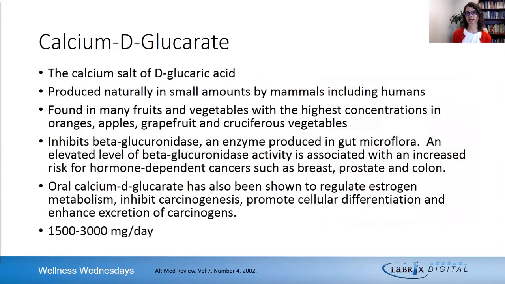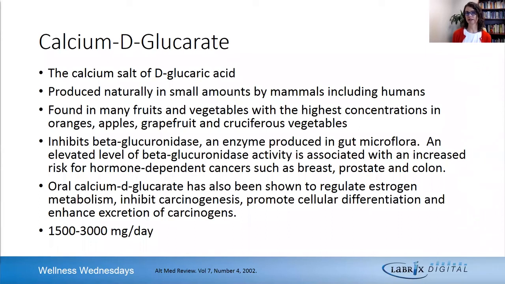Calcium glucarate is the calcium salt of D-glucaric acid. It's produced naturally in small amounts by mammals and humans. It's found in many fruits and vegetables, with the highest concentrations in oranges, apples, grapefruit, and cruciferous vegetables. It inhibits beta-glucuronidase, which is an enzyme that's produced in gut microflora.